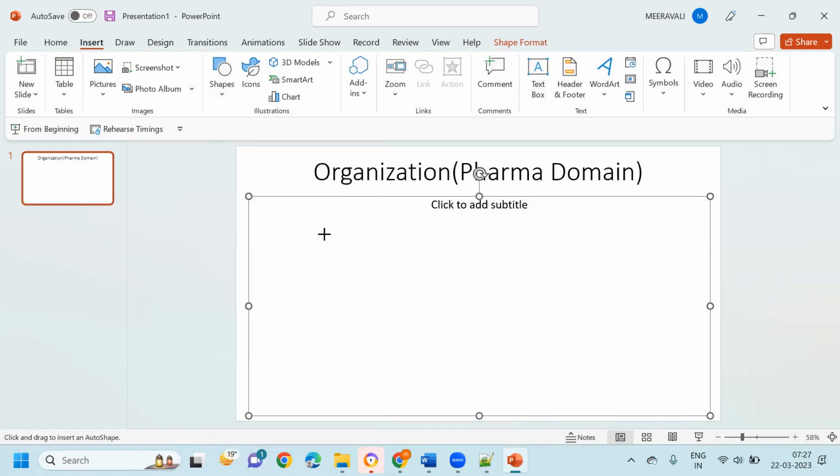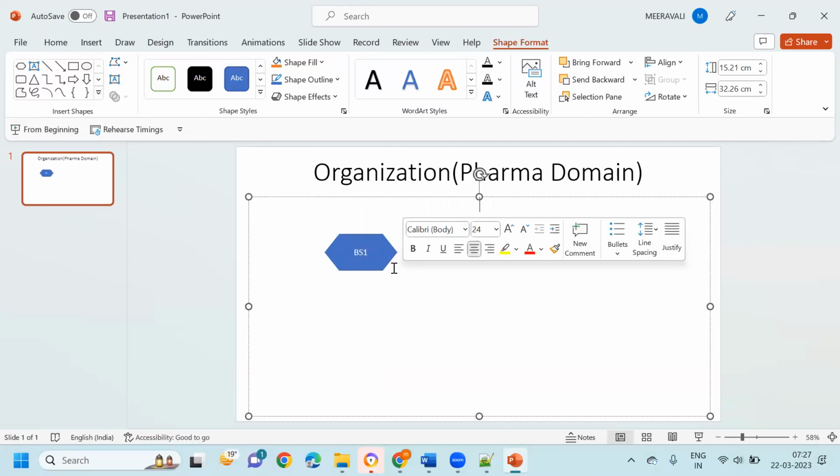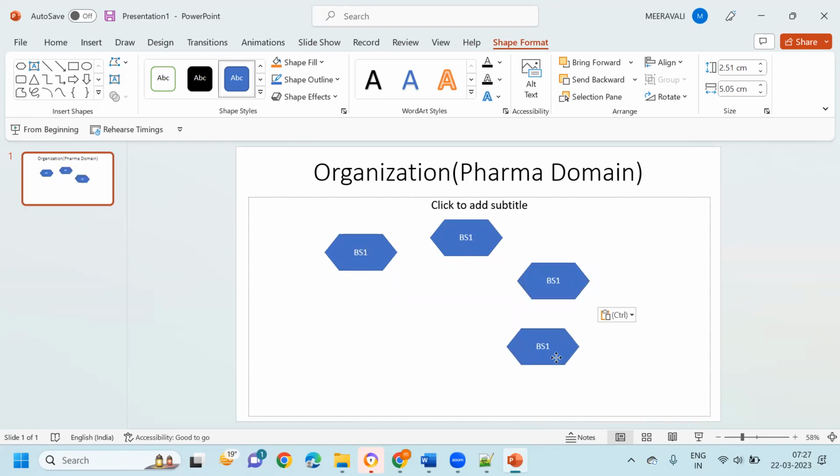This is my business system 1, and like that I'm going to include n number of business systems: business system 2, business system 3, business system 4. Like that we can see multiple business systems in the organization.